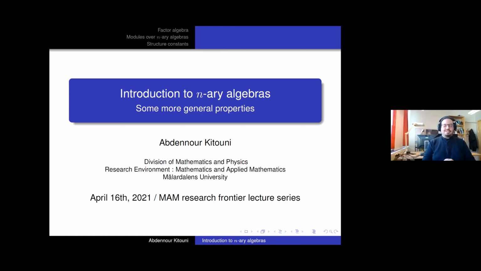So today we are going to talk about some more general properties of n-ary algebras. Today's lecture is going to be more technical and less like the last one, so to say.